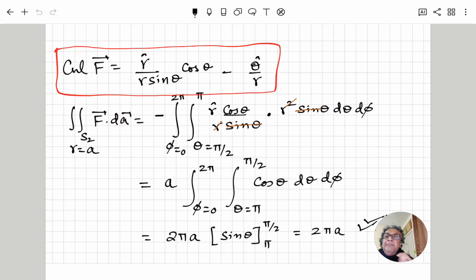So for the S2 surface, I can immediately plug in everything in the integral, and notice for a hemisphere, the limits of theta will run from pi by 2 to pi. So I can invert this pi by 2 to pi in my next step from pi to pi by 2 and change this minus sign to a plus sign, and you can see straightforward my answer is 2 pi A, as I had done before.